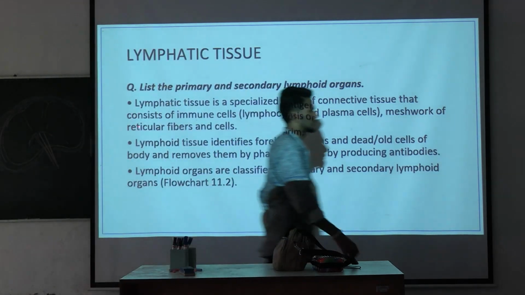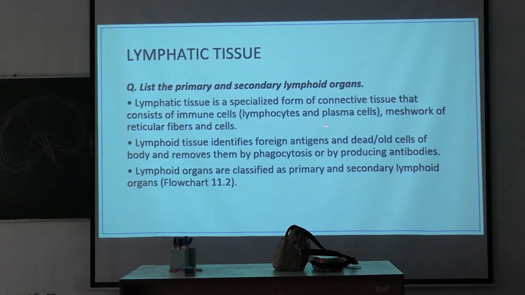It consists of immune cells, lymphocytes and plasma cells, and a meshwork of reticular fibers and cells. Lymphoid tissue identifies foreign antigens and dead and old cells of the body and removes them by phagocytosis or by producing antibodies. Lymphoid organs are classified as primary and secondary lymphoid organs.